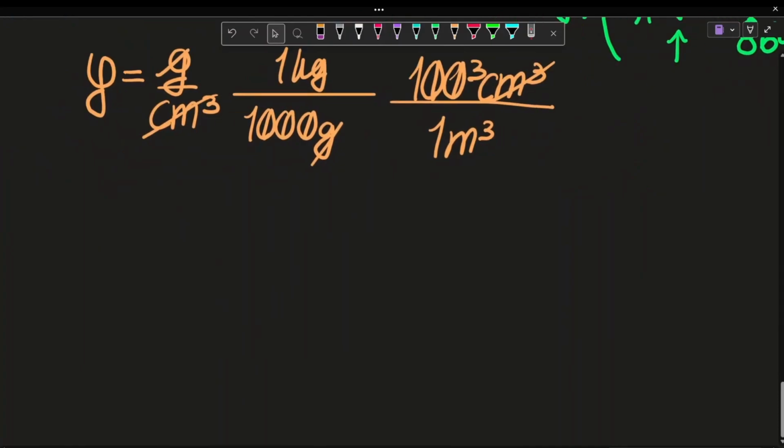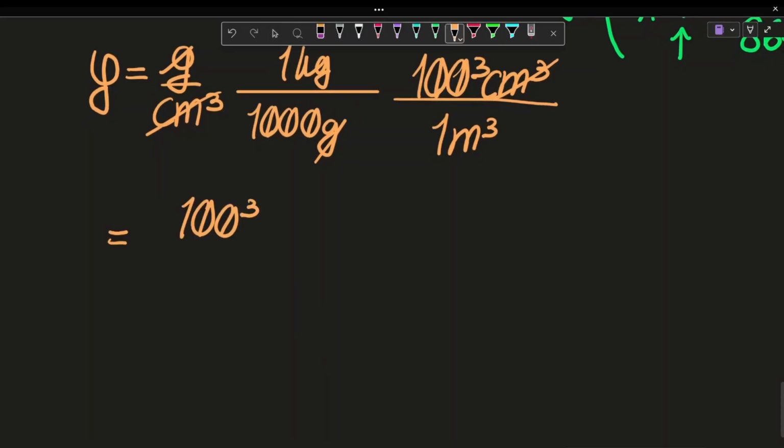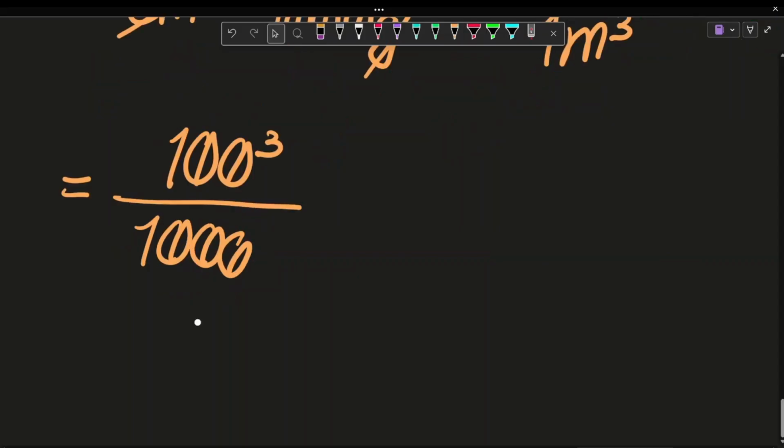Alright, so we get that the final conversion is 100 cubed over 1,000, which would be just 1,000. So times 1,000.